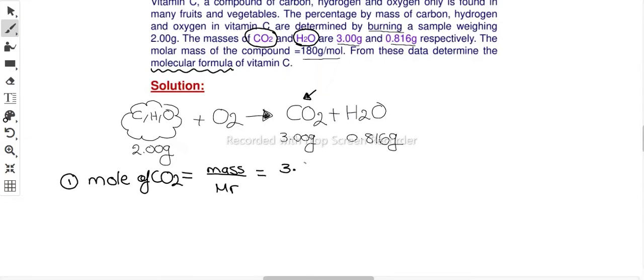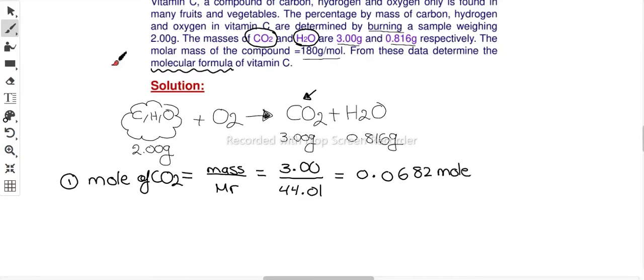The mass is 3 grams divided by the molar mass of carbon dioxide, which is taken from the relative atomic masses of 1 carbon and 2 oxygens from the periodic table. So the molar mass is 44.01 and your final mole number is 0.0682 mole.